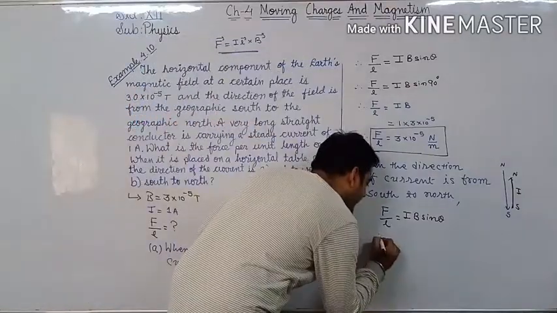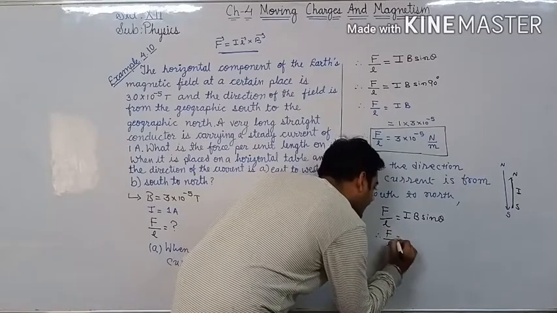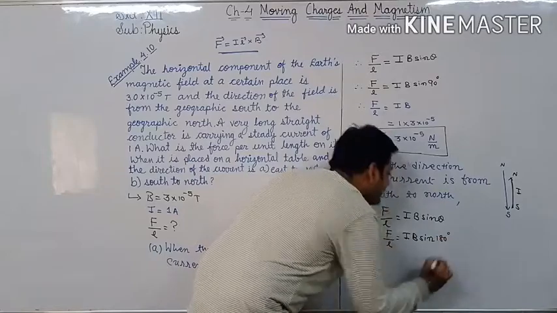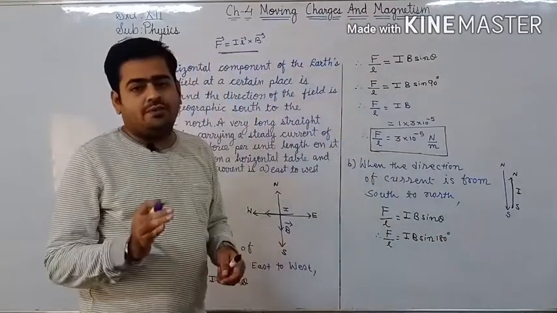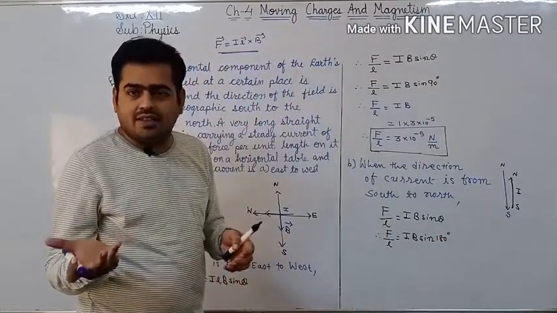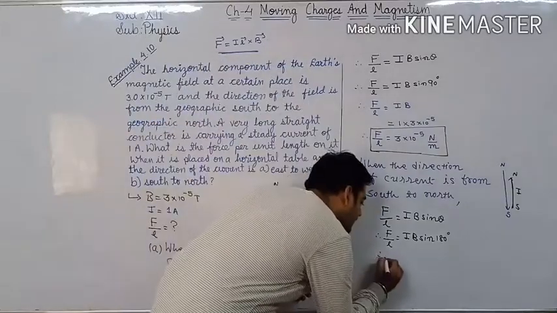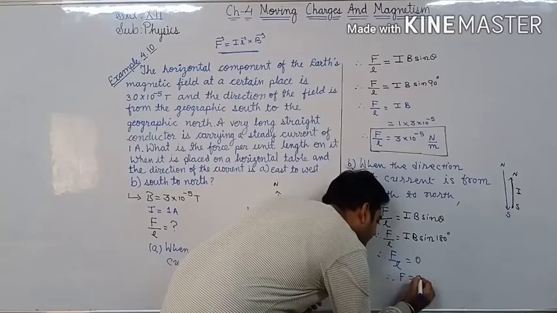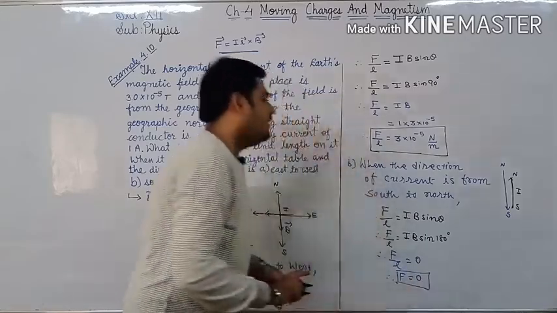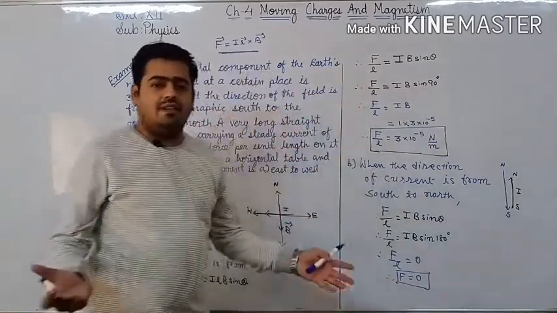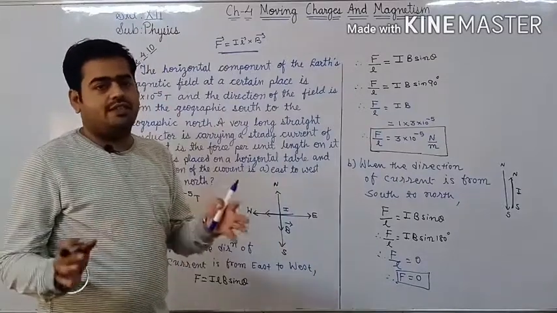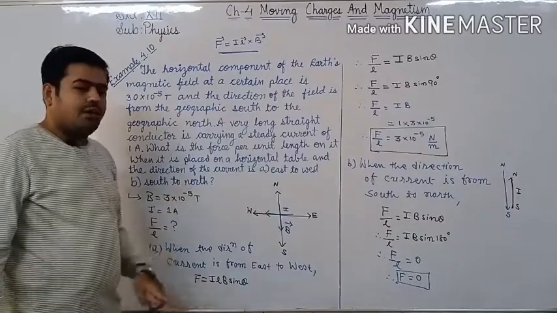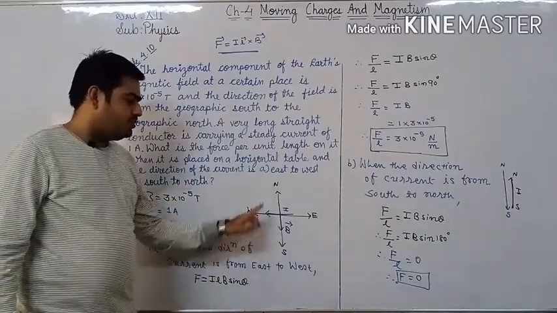So here we can write F by L is IB sin 180, but value of sin 0 and sin 180 is 0. So force per unit length is 0. Therefore force acting on given conductor is 0. No force is acting on given conductor when direction of electric current is from south to north.